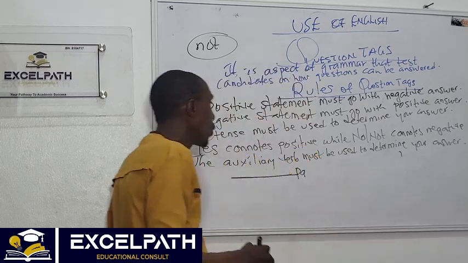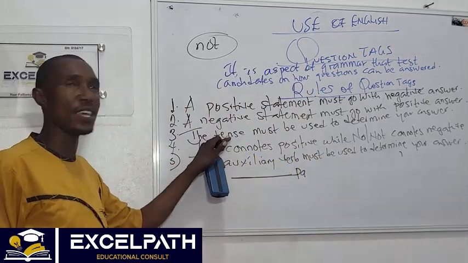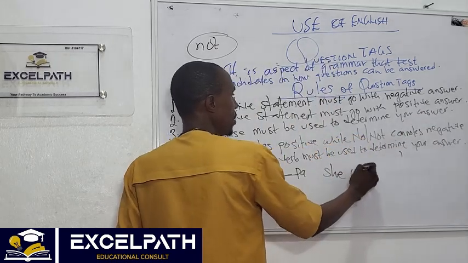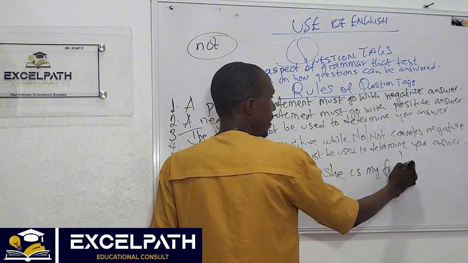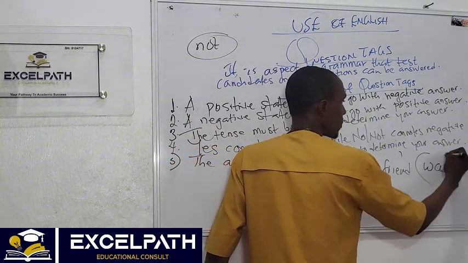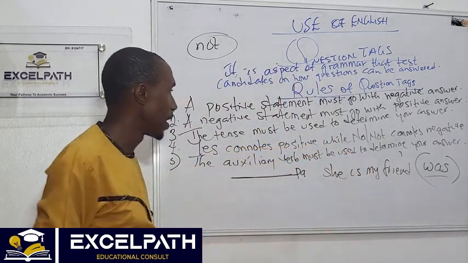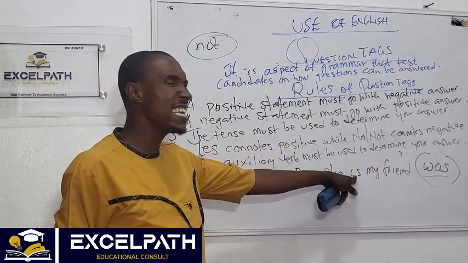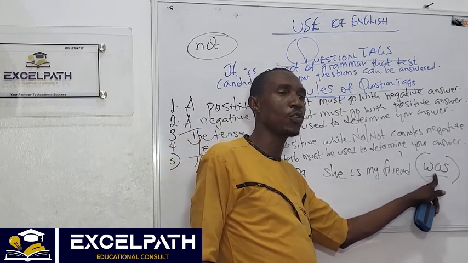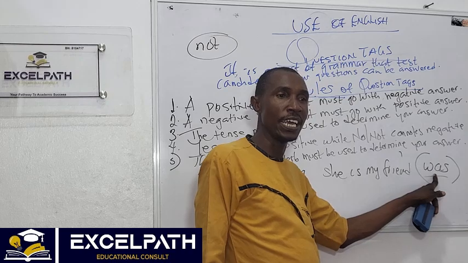Present tense. So you don't change the tense if you want to supply your answer. You say, she is my friend, and in your mind, you are expecting to put something like was. No. The verb there is is, which is present tense, so automatically the answer you want to supply must be in present tense.